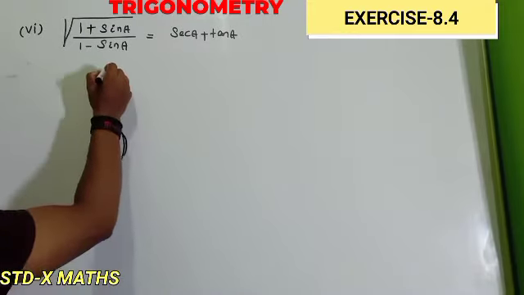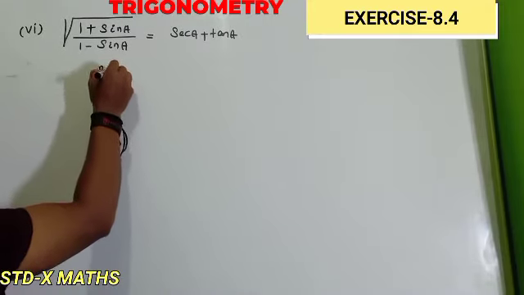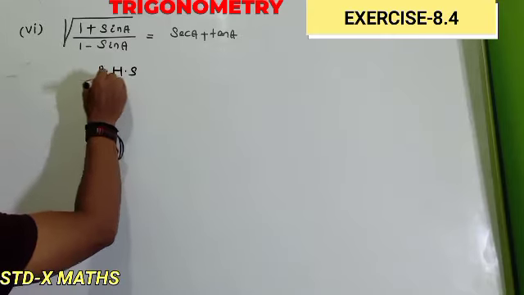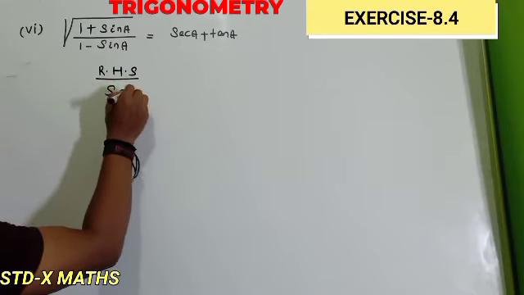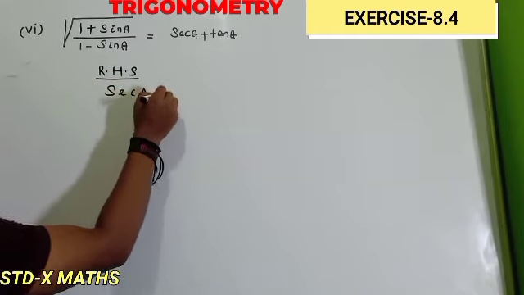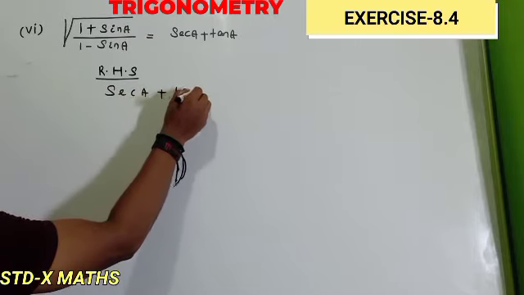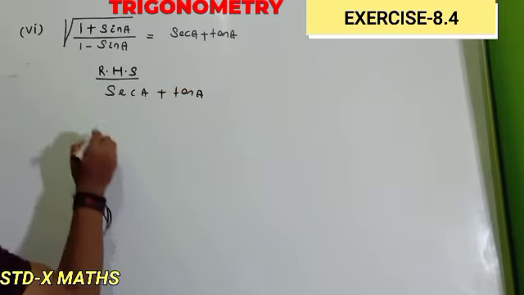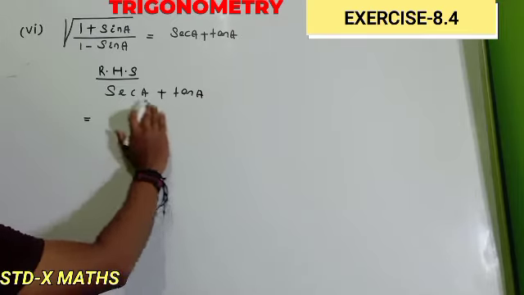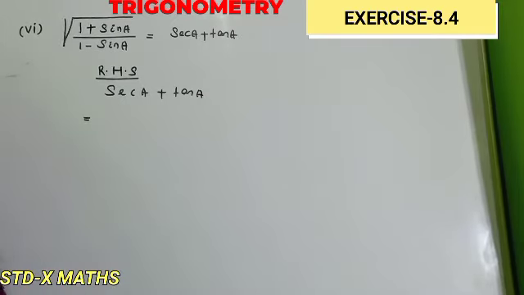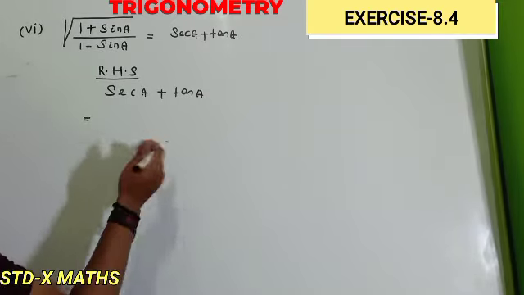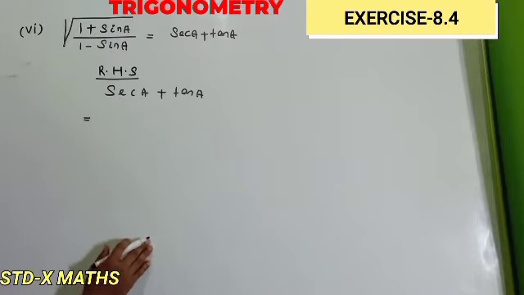Suppose we proceed from the right hand side, which is sec A plus tan A. First formula: no trigonometric identity is hidden in the right hand side. Next, we have to make it the simplest form.